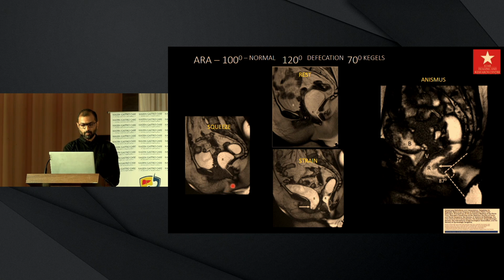So this is normal. That's the normal angle. As I mentioned, sometimes it would be 90 degrees, sometimes it would be 100 degrees, it would differ from patient to patient. So during rest, in this particular patient it is close to 100 degrees. What happens during squeeze? Because of the indentation and pull of the puborectalis, it has reduced. During strain, there is increase in the anorectal angle.